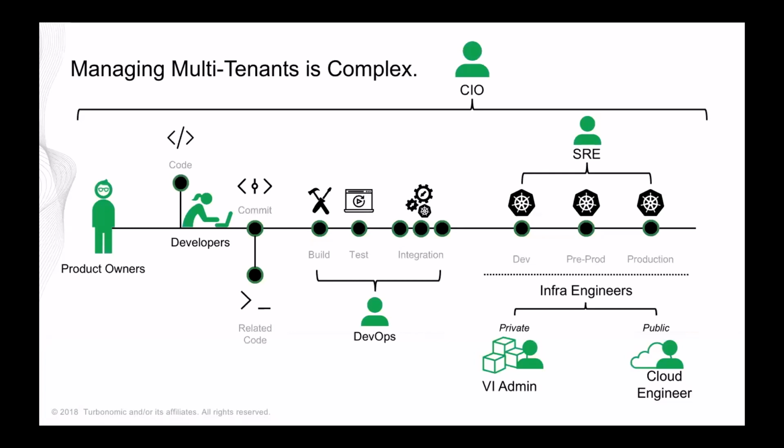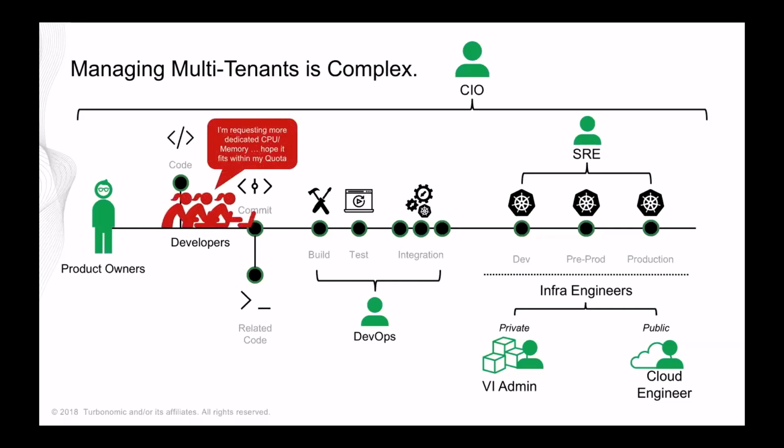Well, the first challenge is what we like to call the multi-tenant butterfly effect. Multi-tenants are complex. Even if you have a single tenant in your cluster, these applications can have multiple services that could be split up as separate tenants or namespaces or projects within these clusters. So what's one of the challenges?